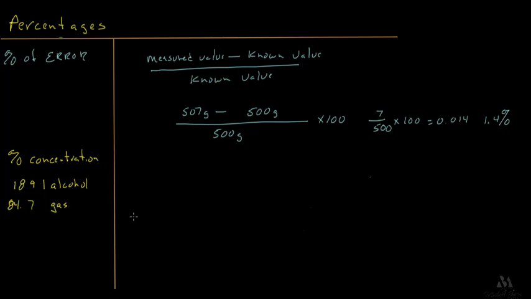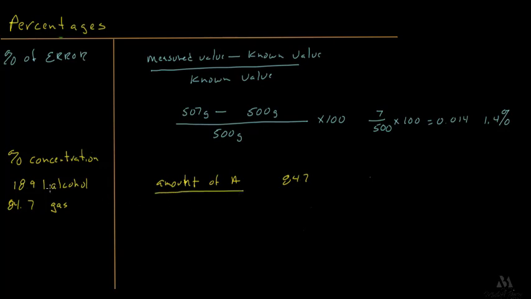So what we're going to have to know is the amount of A. So the amount of, in our case we're looking at the percentage of gasoline. So for us it's going to be gasoline. So 84.7, and that's going to be over the total amount of the mixture.